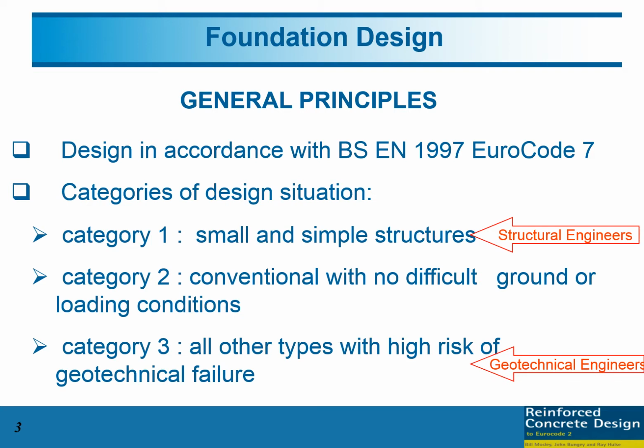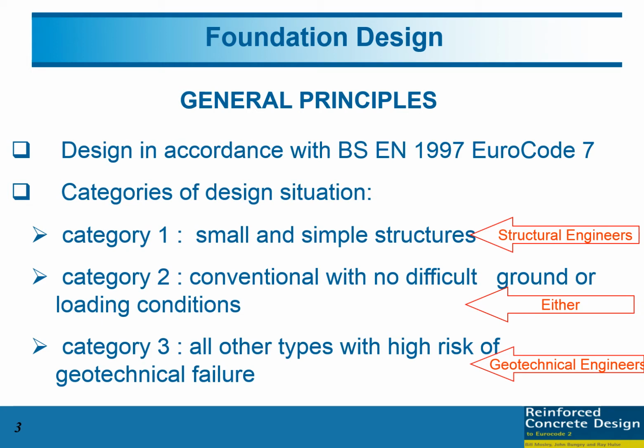Okay, for category 2, conventional with no difficult ground or loading condition, for example a high-rise building or mid-rise building, but the soil condition is easy to handle, easy to estimate, easy to calculate for the bearing capacity. So this category can be done either by a structural engineer or by a geotechnical engineer.